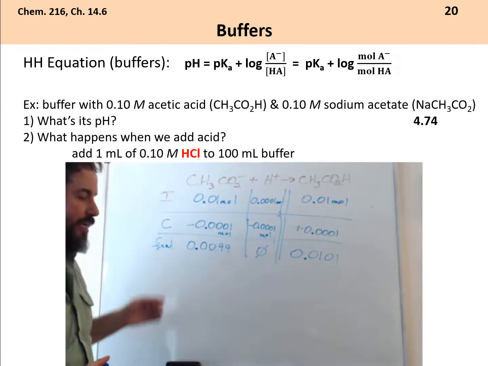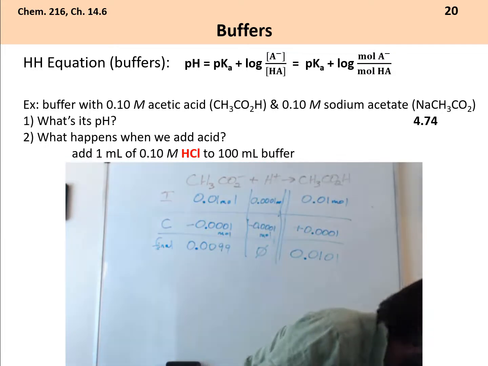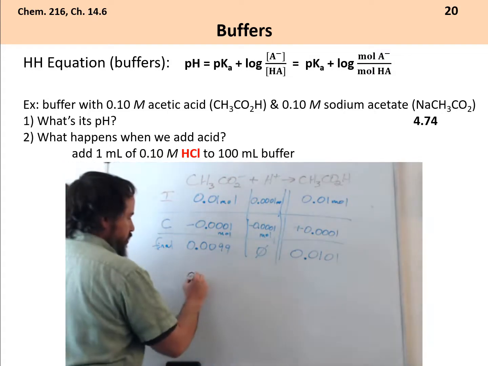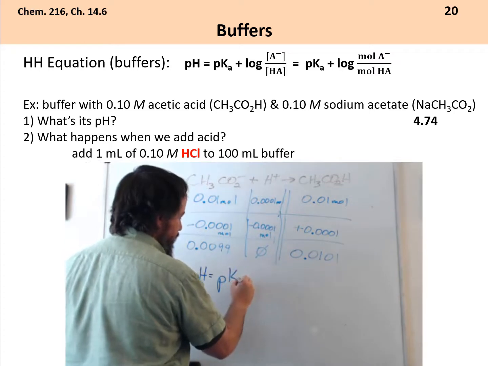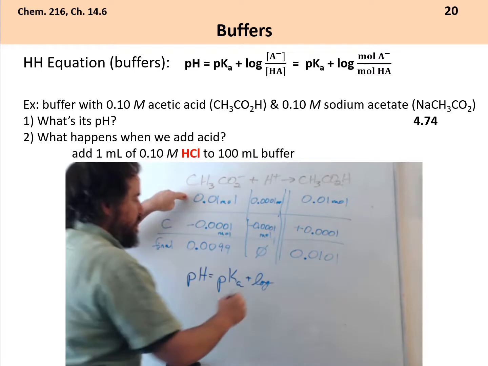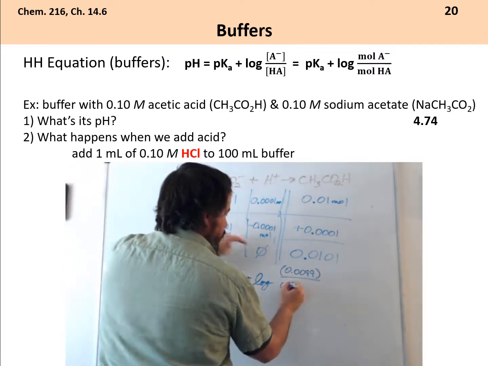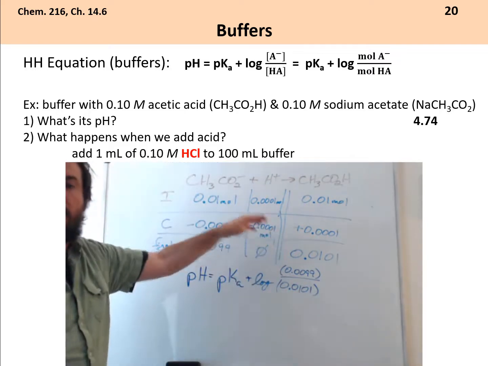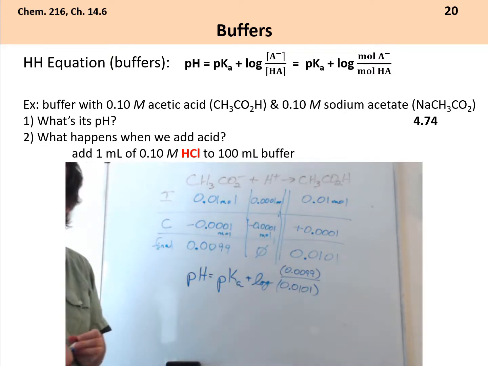Now I can just use the Henderson-Hasselbalch equation to figure out my pH. So my pH is going to be equal to my pKa plus the log of my base over my acid. Notice these are in moles, and if I look at the top, I can use either molarity or moles. Here I'm going to use moles.